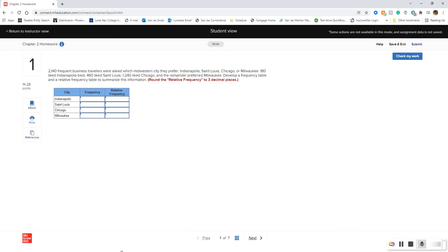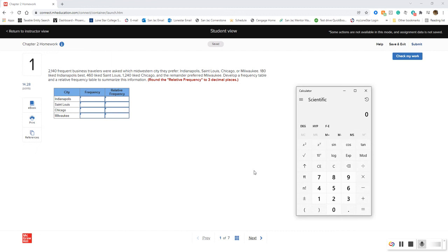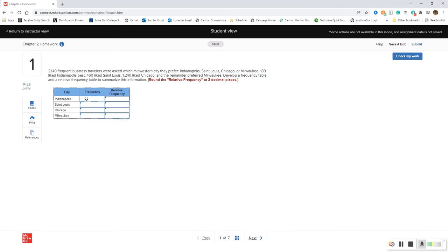Now, again, our calculator can be used as the best here. I have it on scientific from the lecture. That's fine. It still works. So we do know that the frequency for each one is basically how many each one preferred.